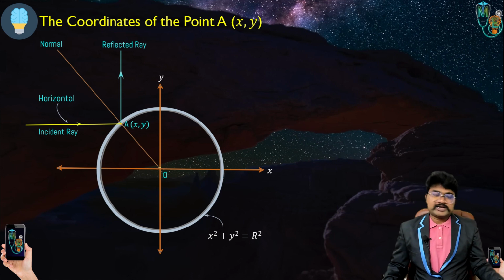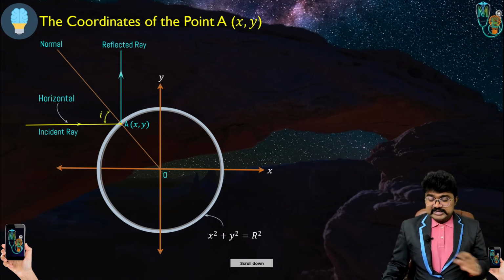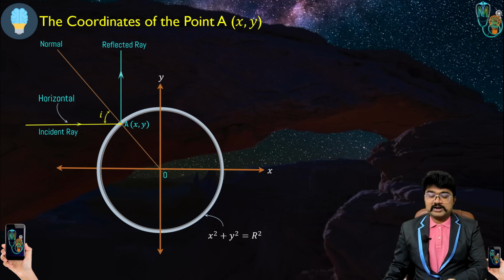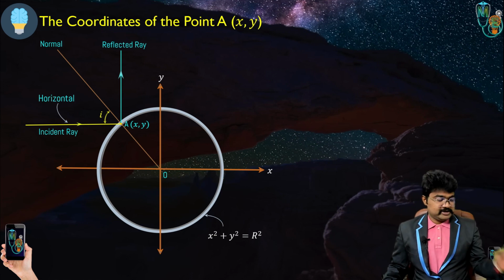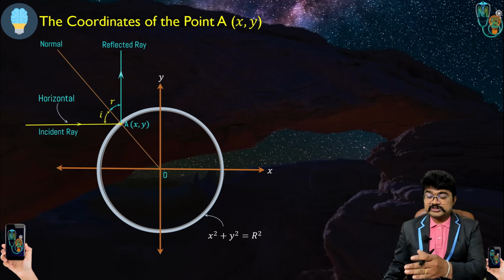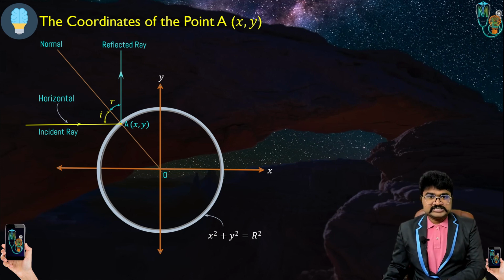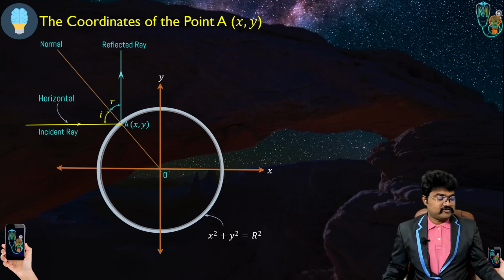Now, the angle made by the incident ray with the normal is called the angle of incidence. The angle made by the reflected ray with the normal is the angle of reflection.